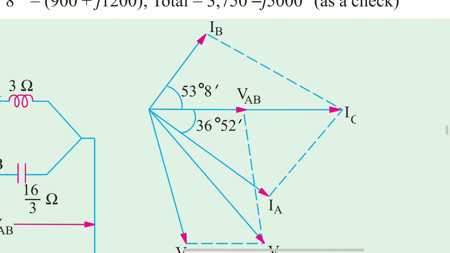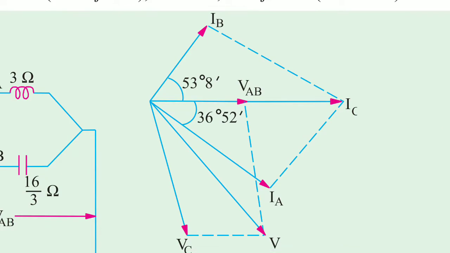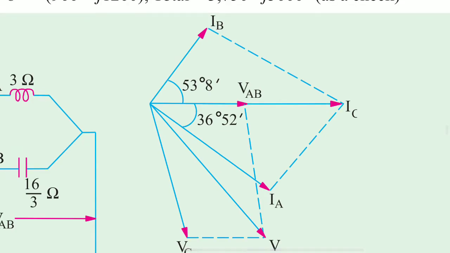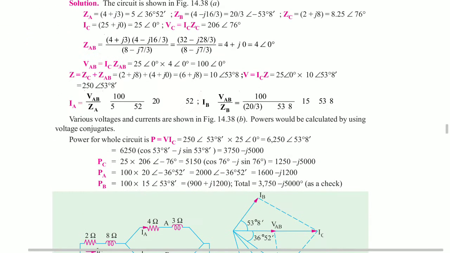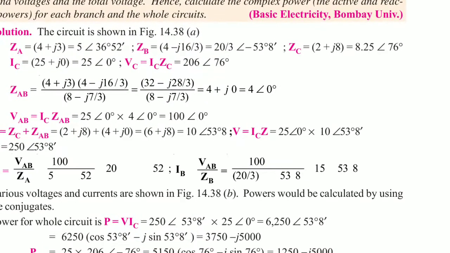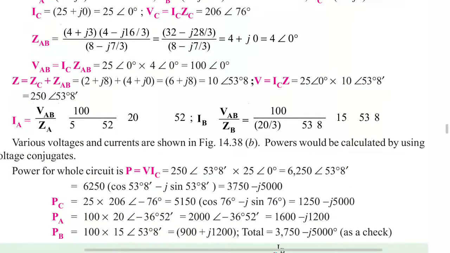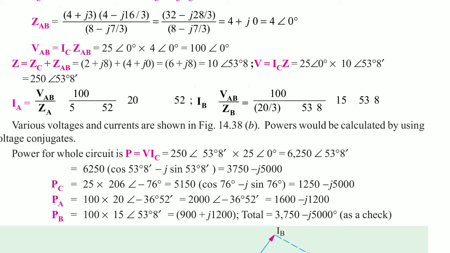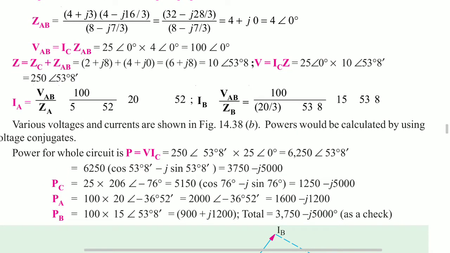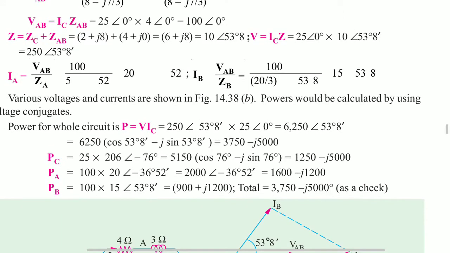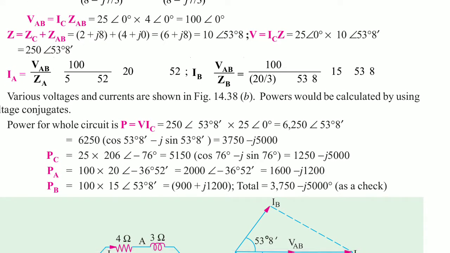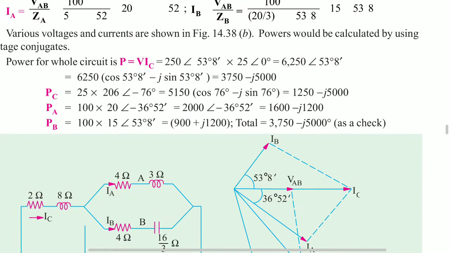So here it is the reference IC, and what is IB here? IB is VAB by ZB, that is the formula. The value is 15 angle of 53 degrees 8 minutes.